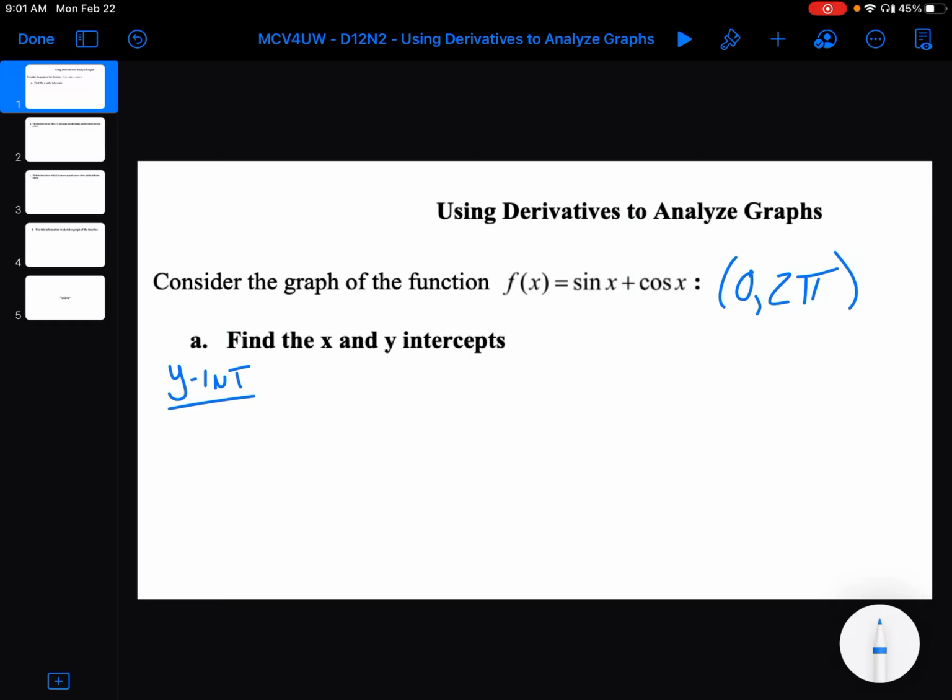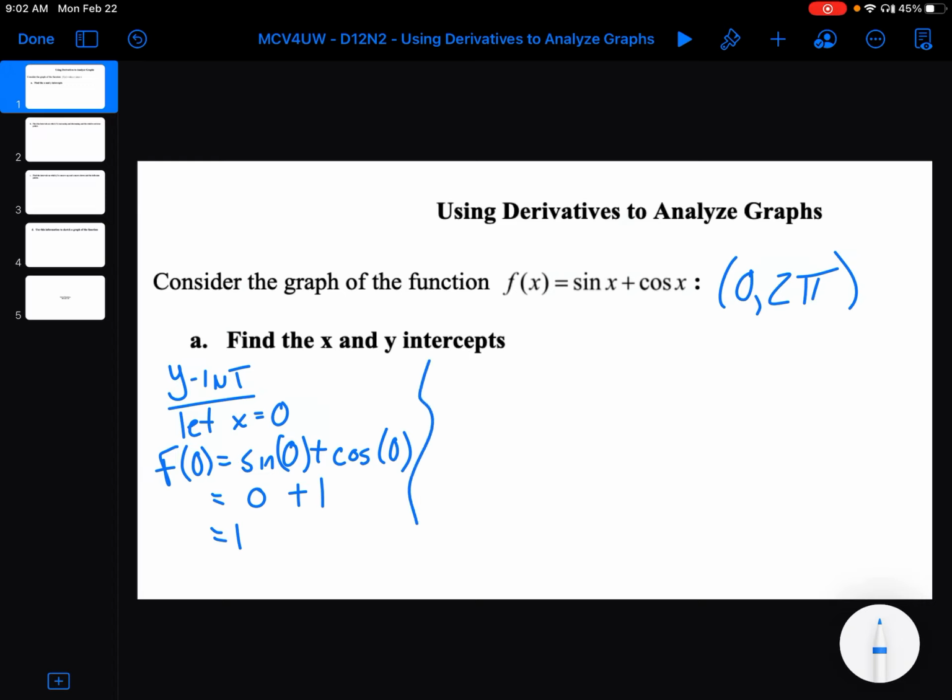But we can also just let x equal 0, and then we have sine 0 plus cos of 0, and we get 0 plus 1, which is 1. So that one's nice and easy. Nothing really too difficult about it.